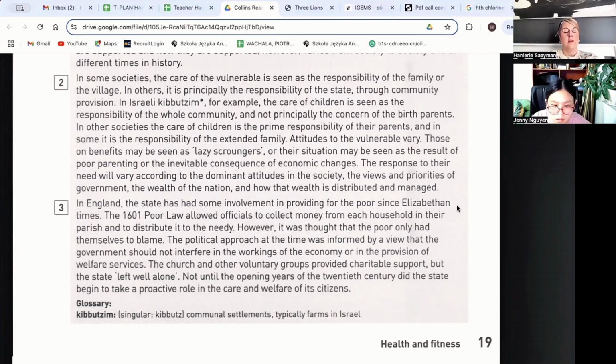The political approach at the same time was informed by the view that as welfare providers, the church and other voluntary groups provided adequate support, but the state left well alone. Not until the opening years of the 20th century did the state begin to take a proactive role in the welfare of its citizens. Kibbutzim: a single local community settlement, typically from Israel.